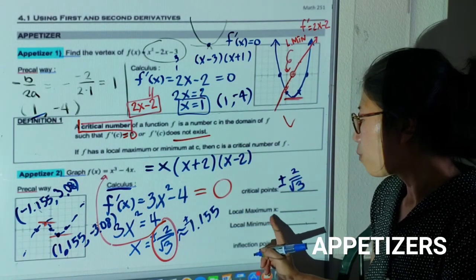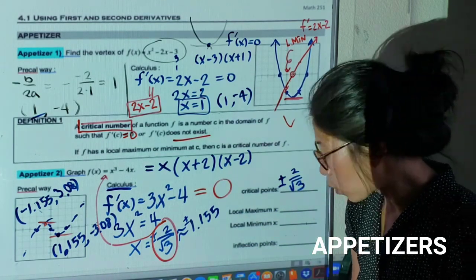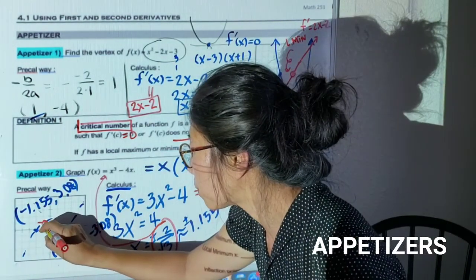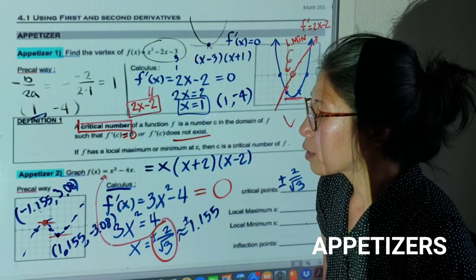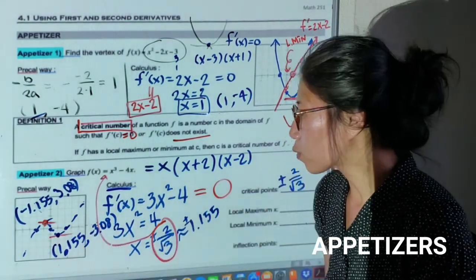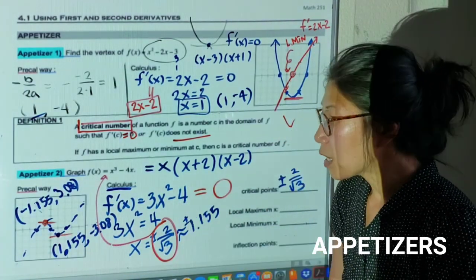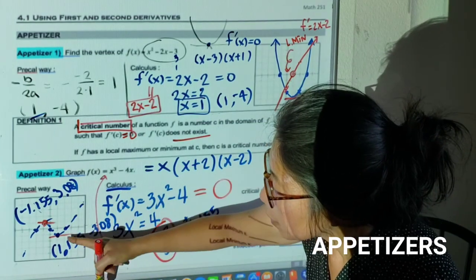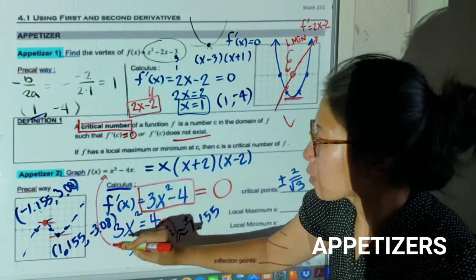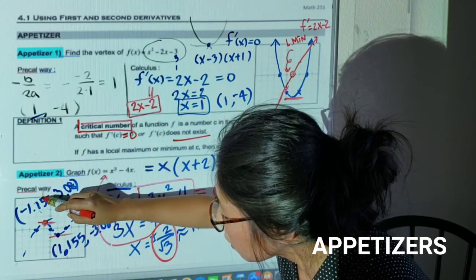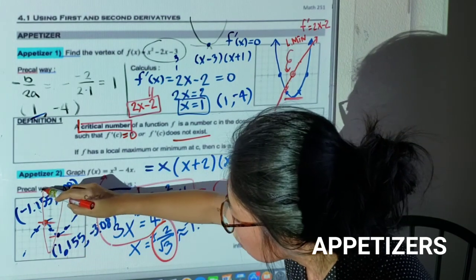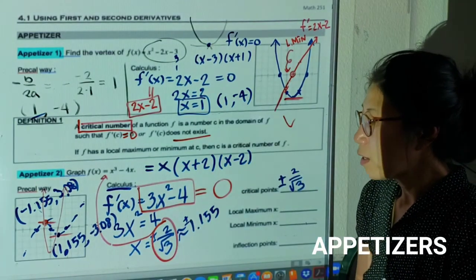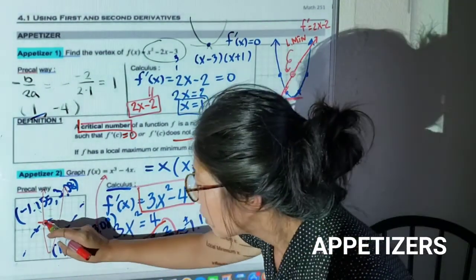Then local maximum. What is going to be the local maximum? They are talking about this one. How do I know that that is a local maximum? Well, by the graph, but also let's look at the graph way. If I graph this one, 3x squared minus 4, the graph looks like this. Look carefully. What does this mean here?